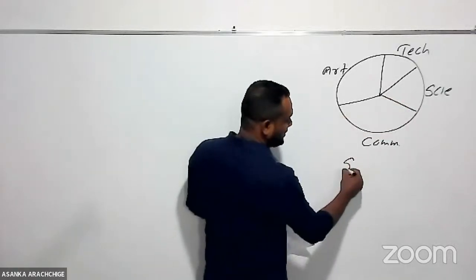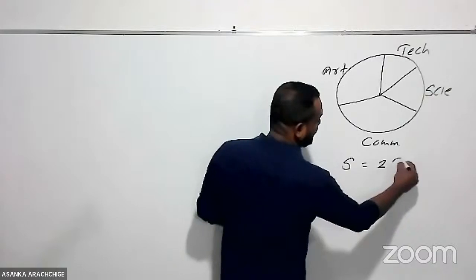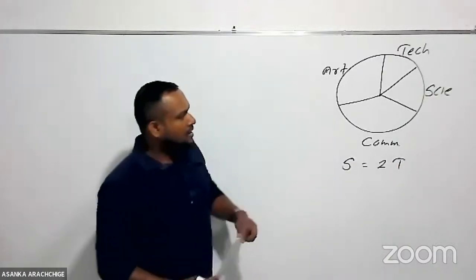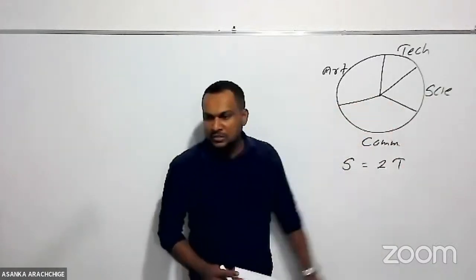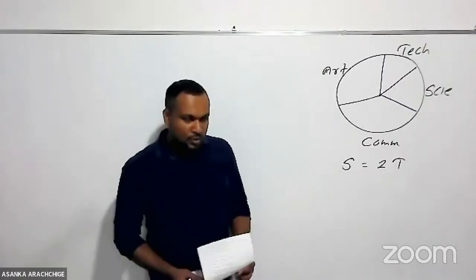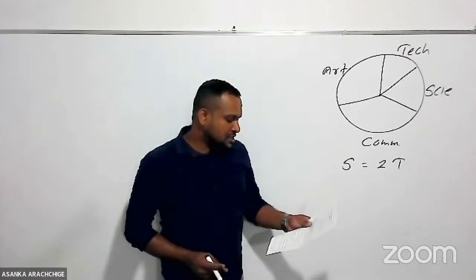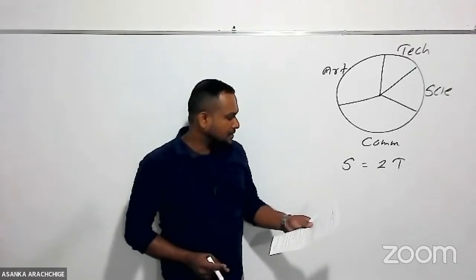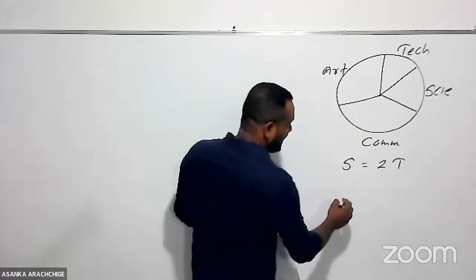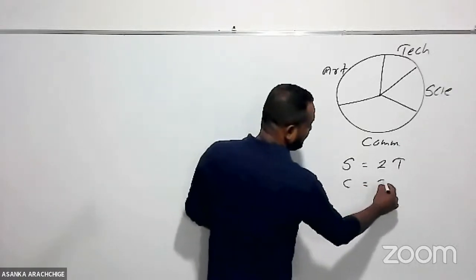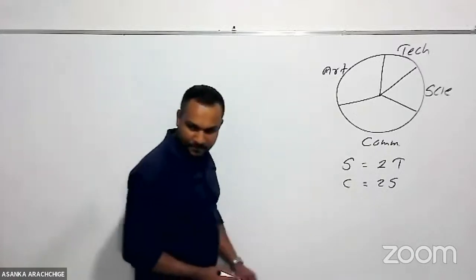Science is equal to 2 times technology. The number of students who applied for commerce is twice the students who applied for science. Commerce is equal to 2 times science.